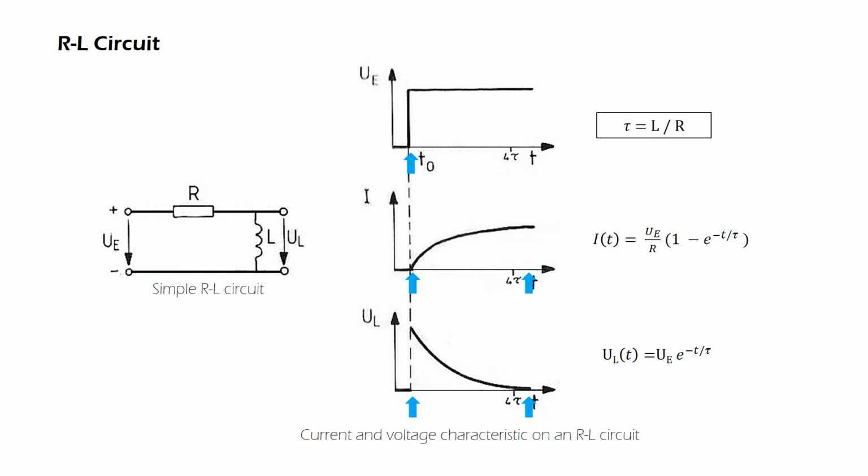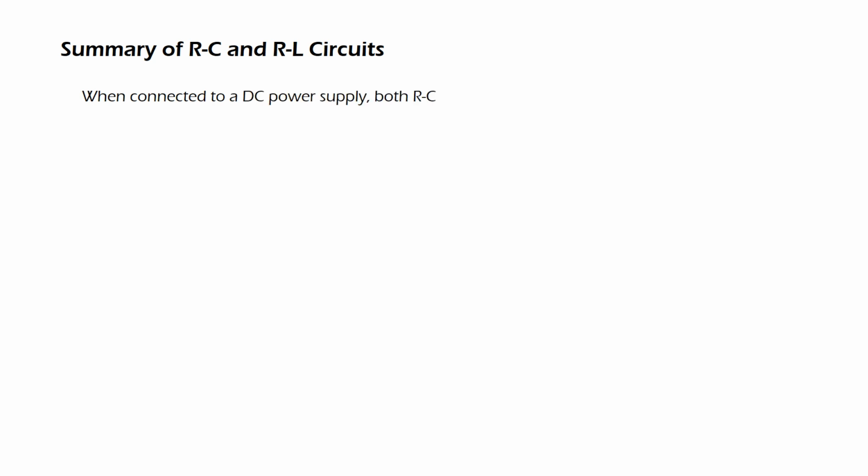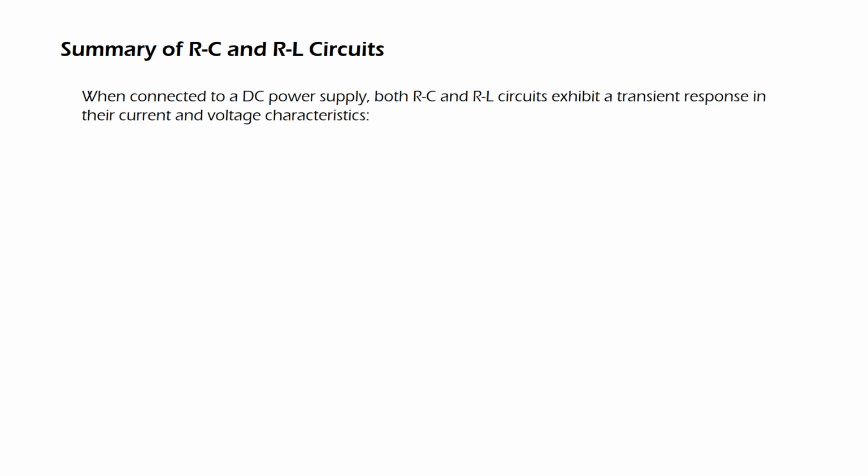Let us summarize our learning on the current and voltage characteristics of RC and RL circuits discussed so far. When connected to a DC power supply, both RC and RL circuits exhibit a transient response in their current and voltage characteristics.